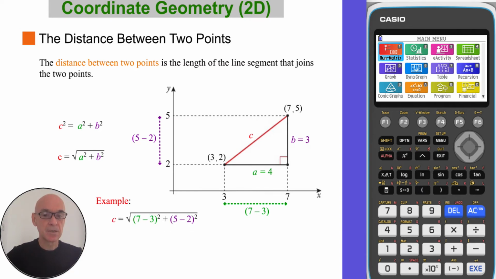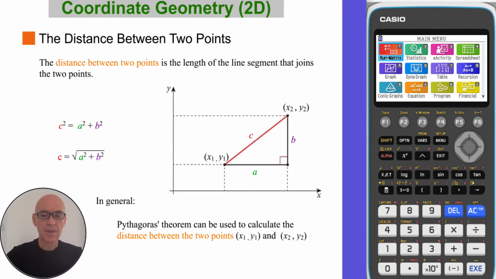Substituting these values into Pythagoras' theorem will give us the length of the hypotenuse, c, which is equal to 5. So the distance between the 2 points is 5 units.